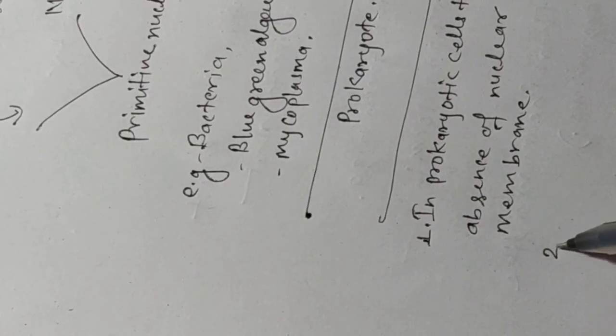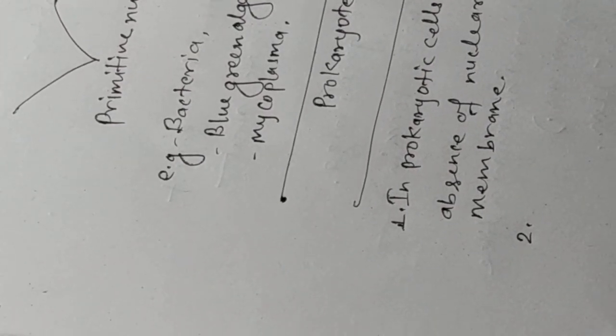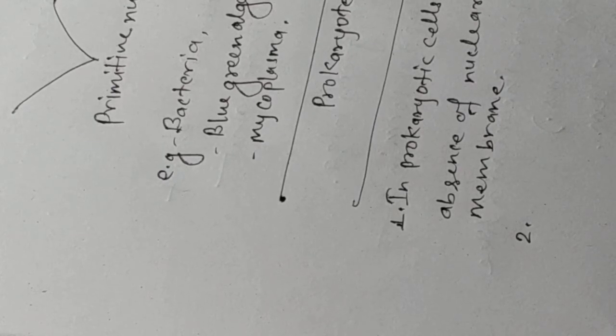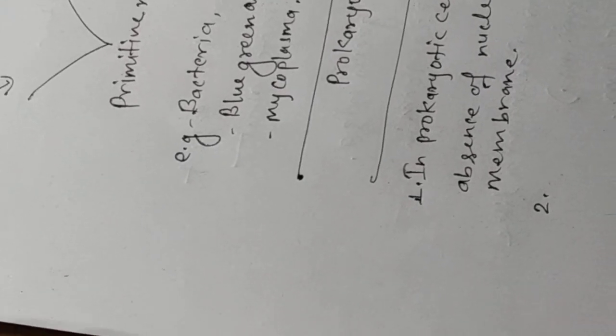Second, in prokaryotic cells, the nucleus is absent or in the form of scattered chromatin material.